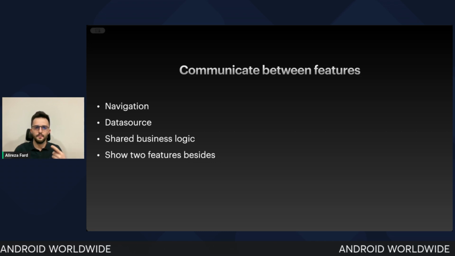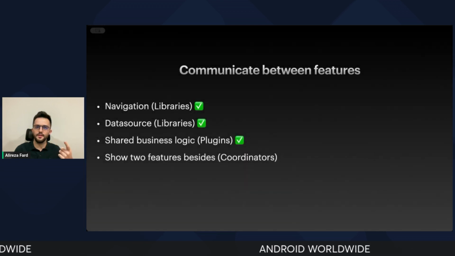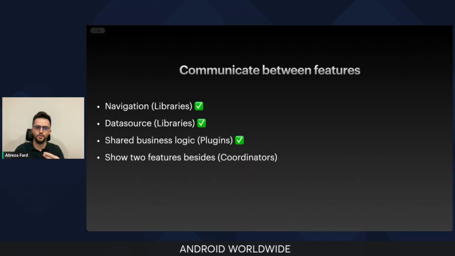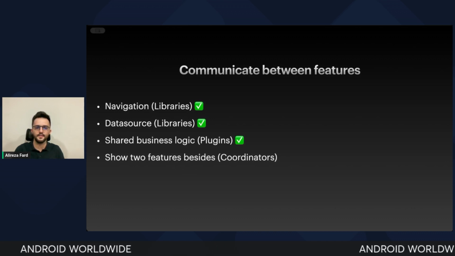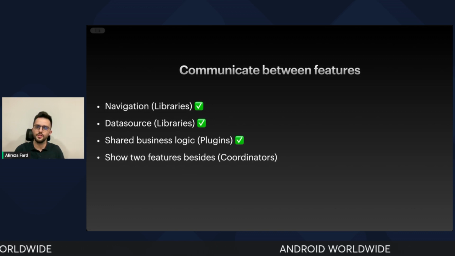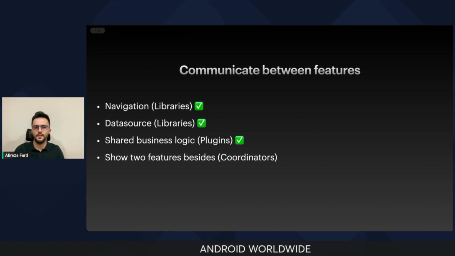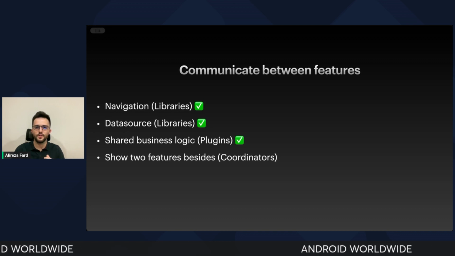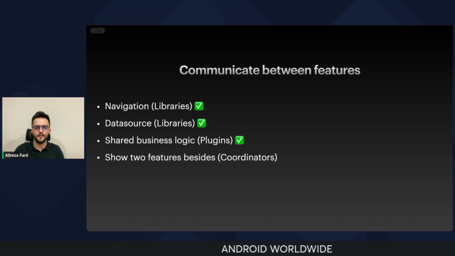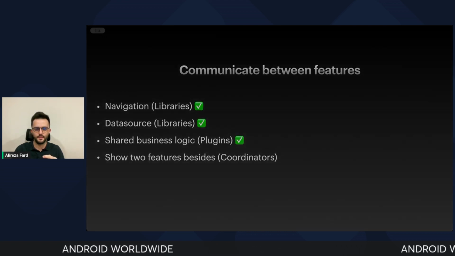Navigation is already covered in libraries, data source is already covered in the libraries because of the cache layer, and shared business logic is already covered in the plugin layers. And the last part is the coordinator: how we can show two features or multiple features in one screen without knowing what that feature is and what the next feature beside it is.